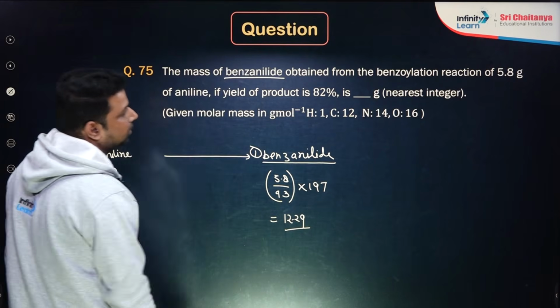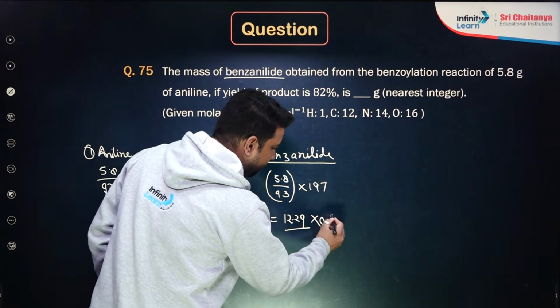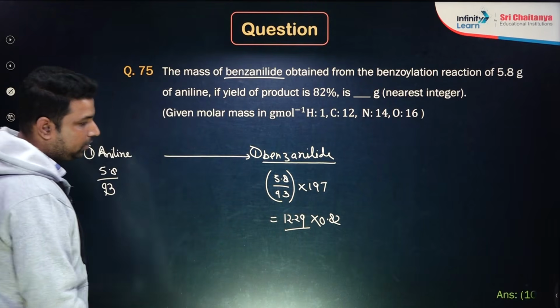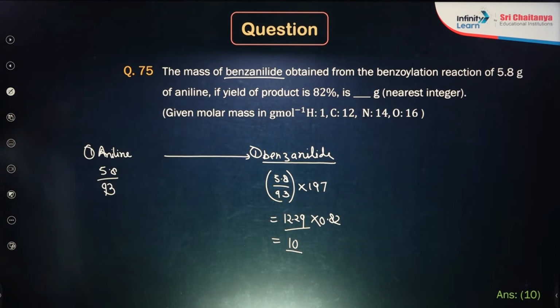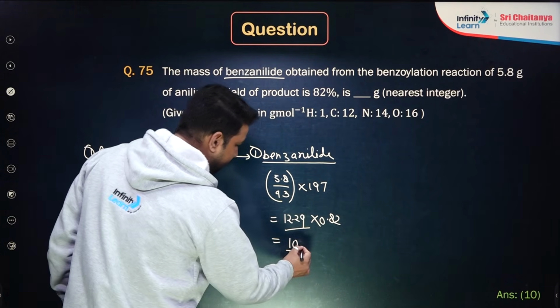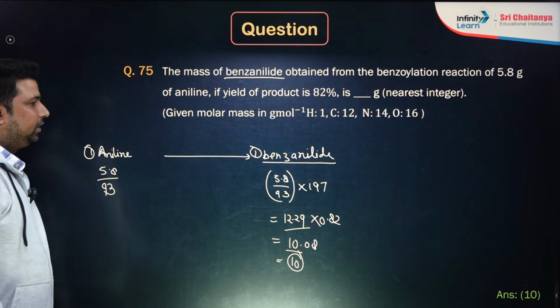But it is not your answer because the percentage yield is 82%. So we have to multiply by 0.82 again, and the answer will come out to be approximately 10.08. For the nearest integer, it comes out to be 10. So it is your answer.